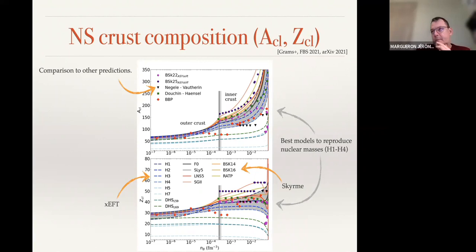So yeah, I'm not saying that shell effects aren't important. I'm just saying that they should be treated.